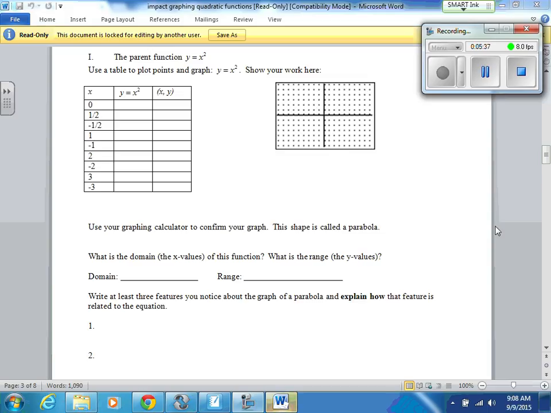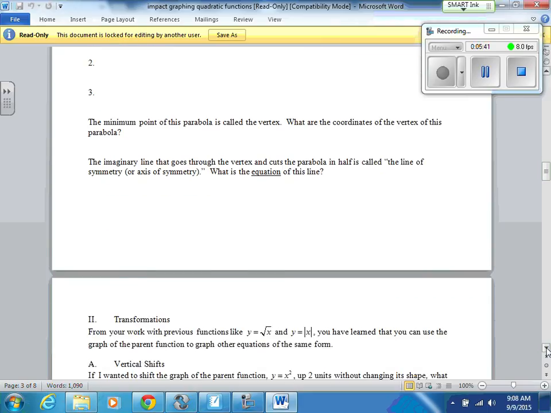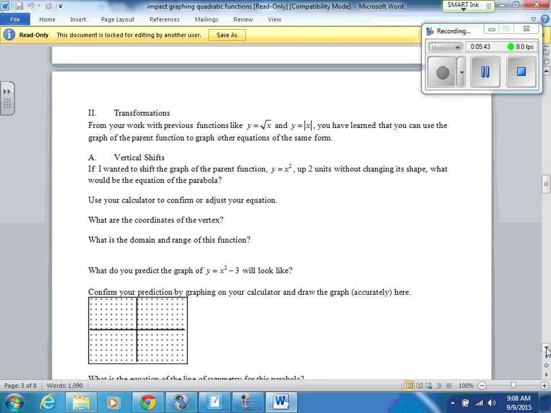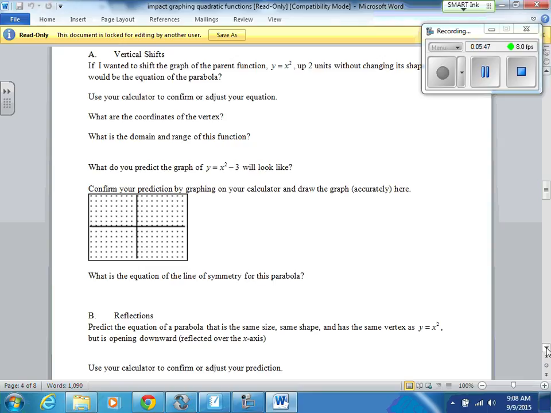We've already done some vertical shifts. If I wanted to shift the graph of the parent function up 2 units without changing its shape, what would be the equation of the parabola? Just want to move it up 2. What would that equation be?